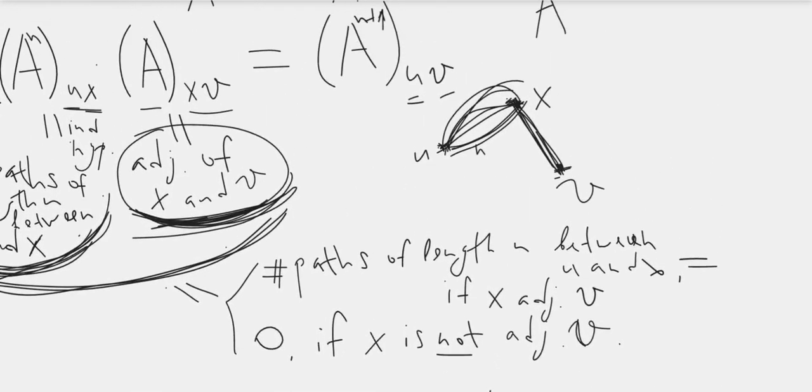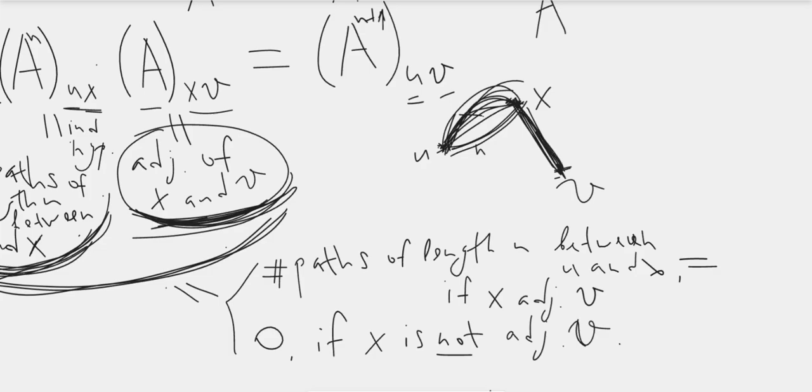So you see that every path of length n between u and x can be extended by the edge xv, if there is such an edge, to v.